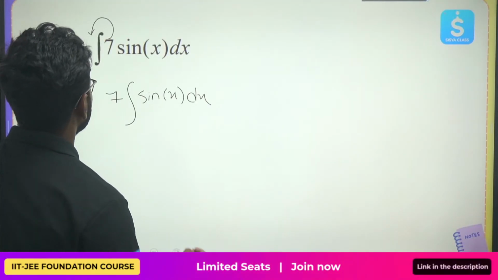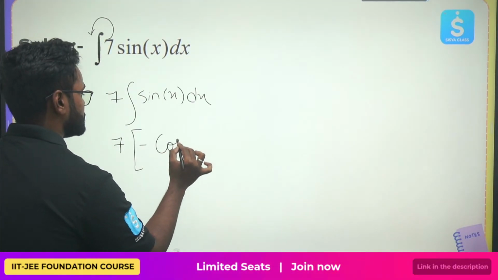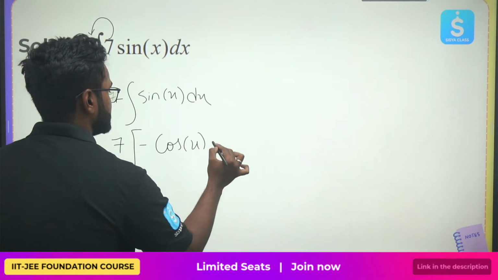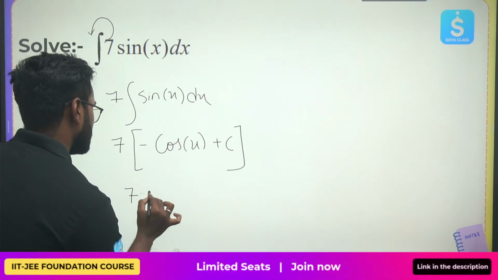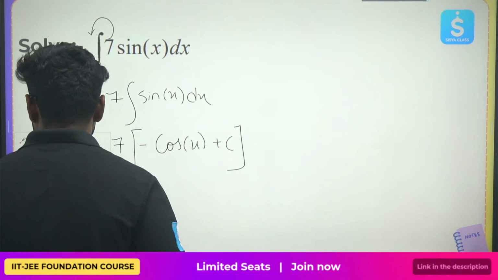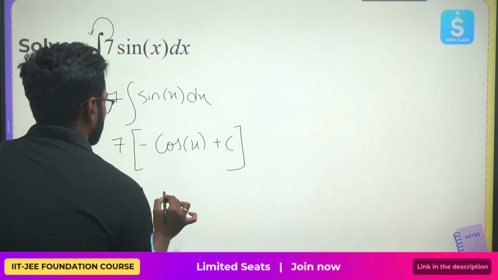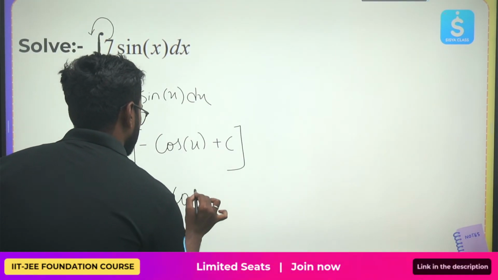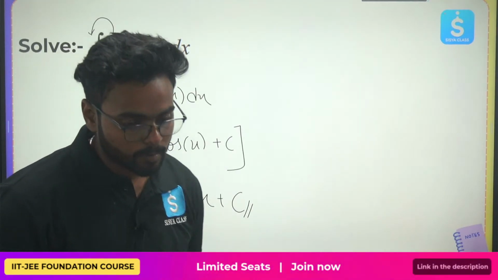This would be 7 into minus cos x plus c. That's it. That should be minus 7 cos x plus c. Understood? Hope everyone understood.